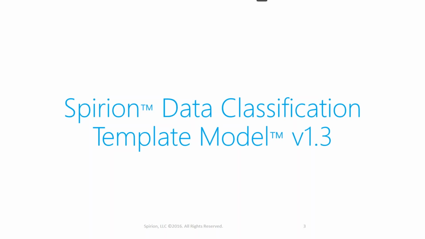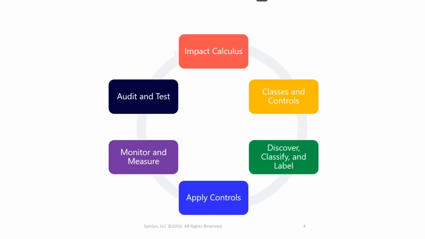Fabulous. Thank you again for that intro. Gabe, one thing I do want to mention, actually three things I'd like to mention before I get started going through the data classification template model: if you leave with nothing else, I'd like you all to leave with this.